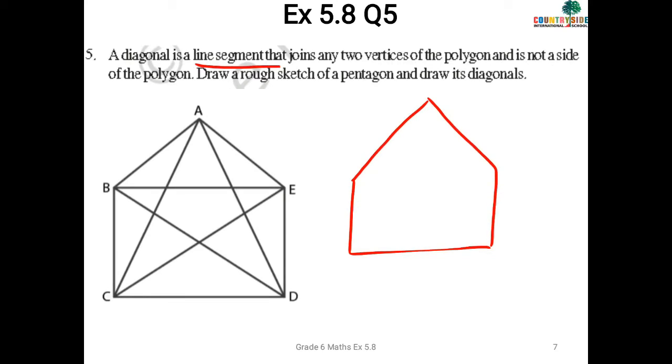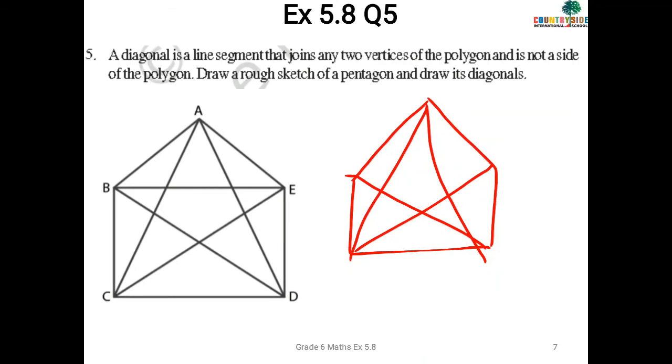A line segment that joins any 2 vertices. Okay, so this is the diagonal 1, this is the diagonal 2, then this diagonal 3, diagonal 4, and this one is the diagonal 5. So in this way your diagram is completed. Okay, it is a pentagon and all the diagonals we have drawn.